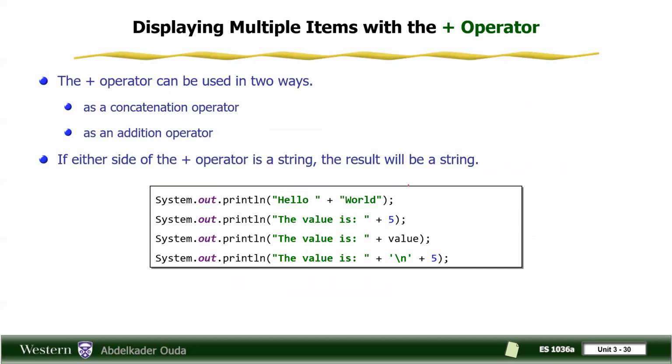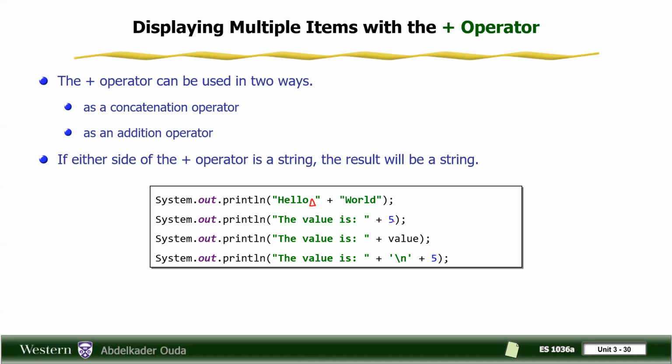Displaying multiple items with the plus operator. If I want to merge the string hello and the string word, I'll write println hello between double quotes, and here we add a space, and word, so it will print hello space word.